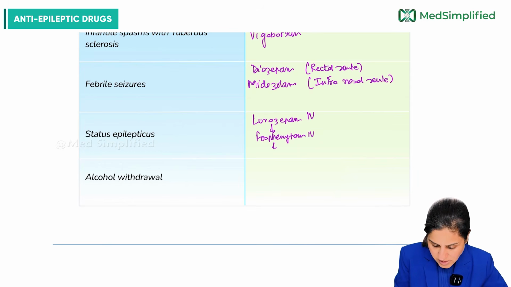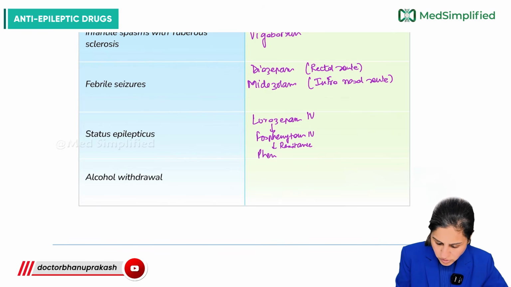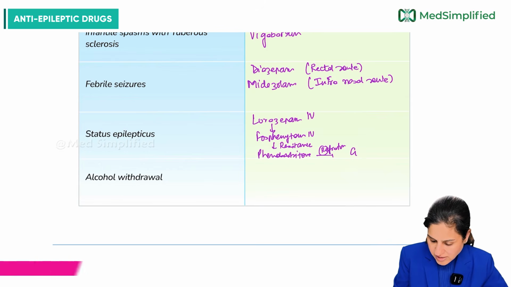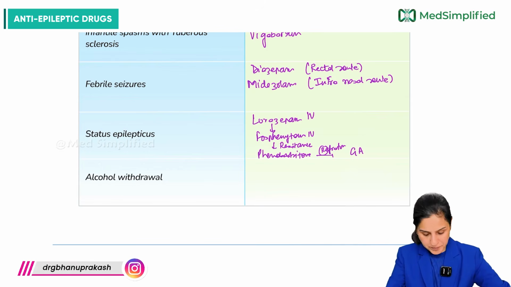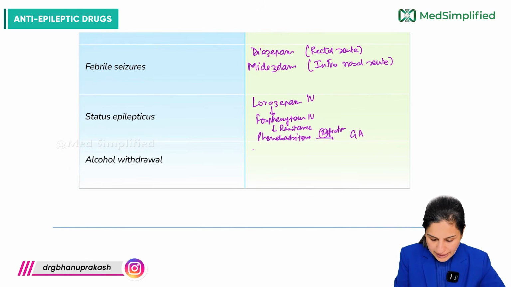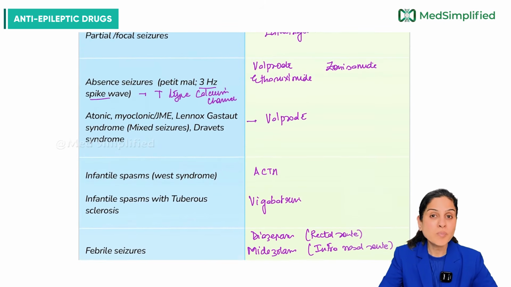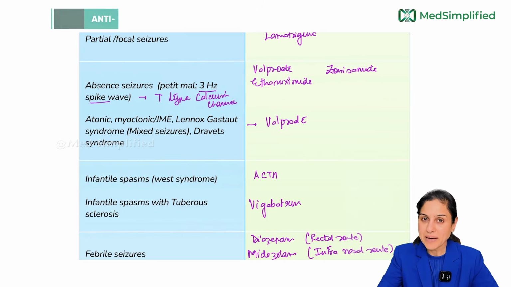If there is resistance, then you give phenobarbital. If there is still resistance, it is refractory. Then you can shift to the general anesthetics. For alcohol withdrawal, again IV lorazepam is the drug of choice. So, these are the important points from the anti-epileptic drugs.